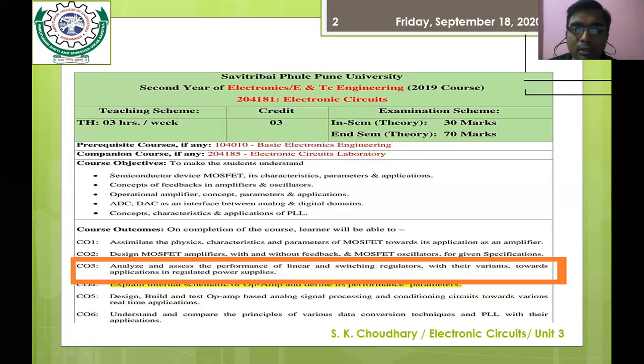Through this unit we will try to achieve this outcome, and after completion of this unit we will come to know about the analysis and assessing of the performance of linear and switching regulators with their variants and applications in the regulated power supply.